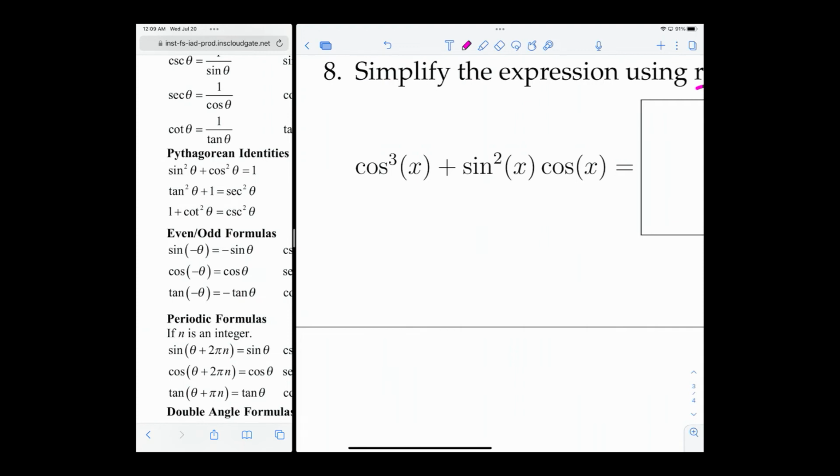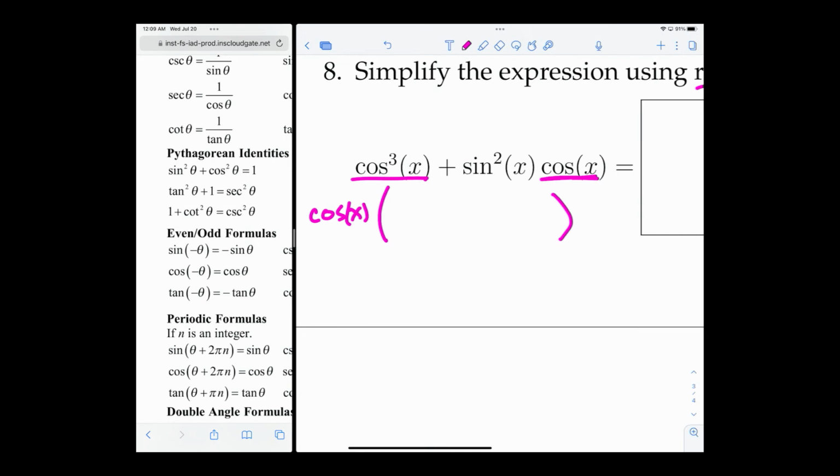identity. So there are a few ways to do this, but the way I would do it is I notice that there's a cosine and there are 3 cosines there. So I would say you can factor out a cosine.